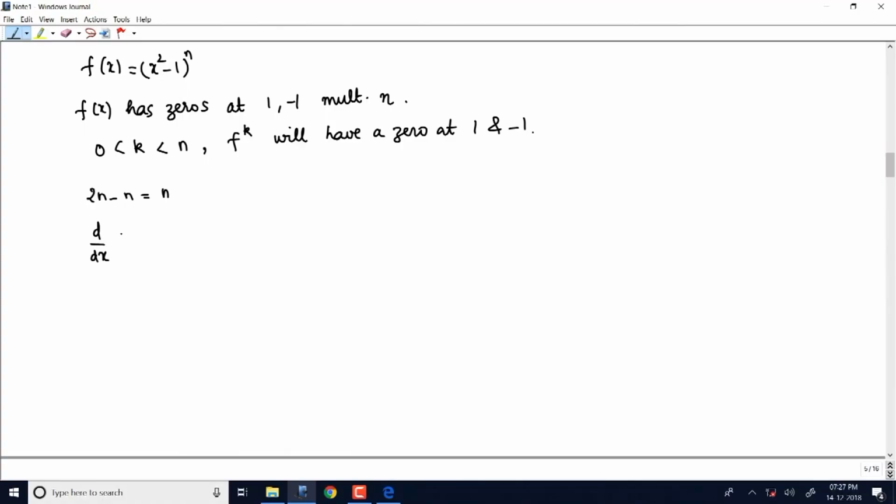Correct. Let us look at the first derivative, namely d/dx of (x² − 1)ⁿ.